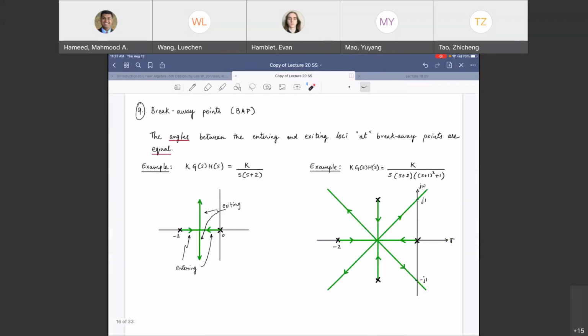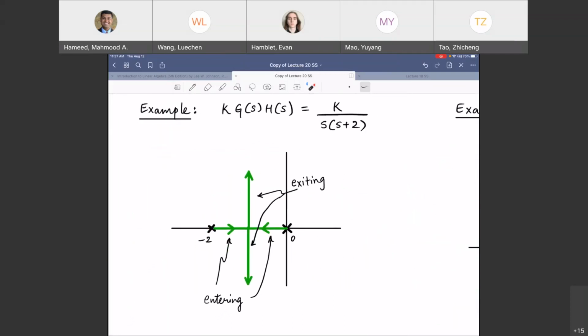Next, breakaway points. Breakaway points or break-in points, we will talk about them later. The angles between the entering and exiting loci at breakaway points are equal. So when the root locus breaks away, it is going to break away or enter at equal angles. Over here, you have two poles, one at 0 and the other at -2.